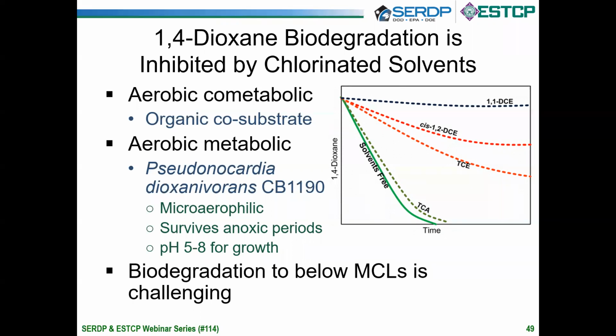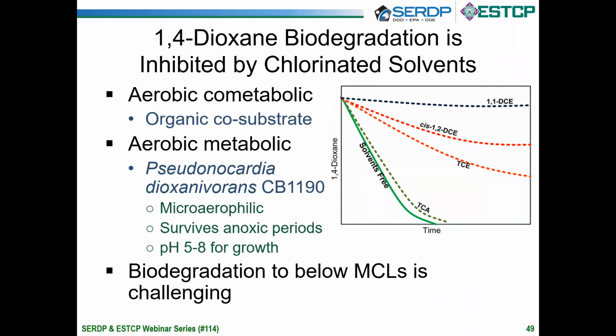This is a rather fortuitous reaction, so the organisms don't really have an advantage in doing this, but the enzymes are just present. And it can also happen metabolically, most notably by a bacterium called Pseudonocardia dioxanivorans CB1190. I'm just going to refer to this as CB1190 from here on.